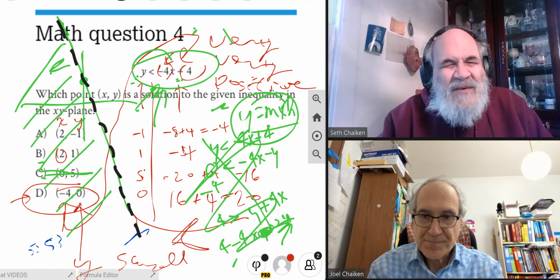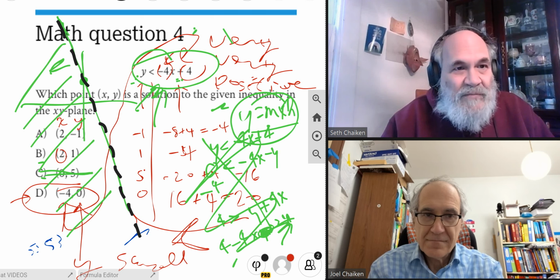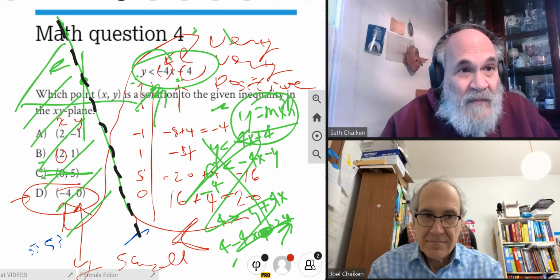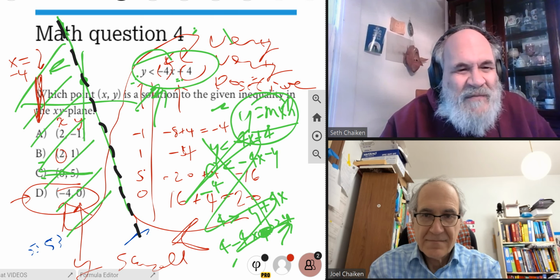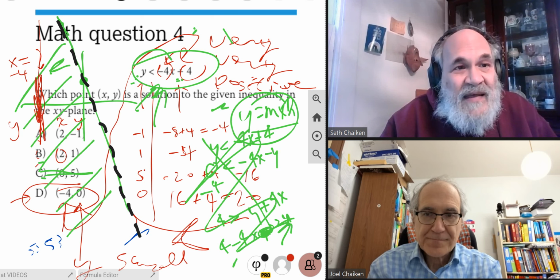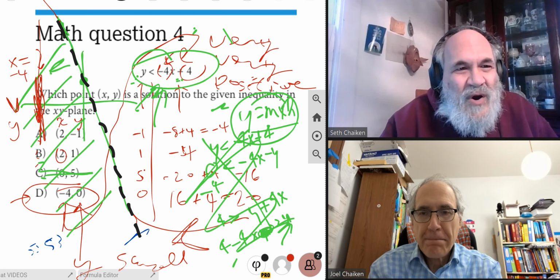And for a given value of x, like x equals minus 4, the points that are below the line are those for which y is less than the y value for that.